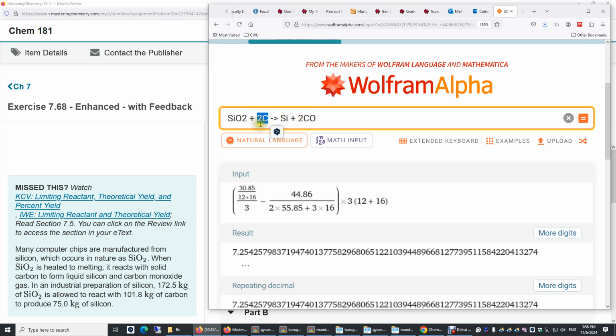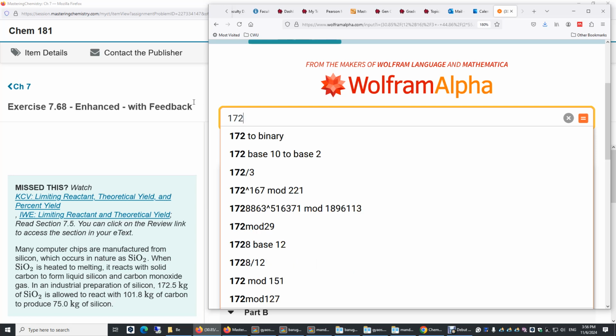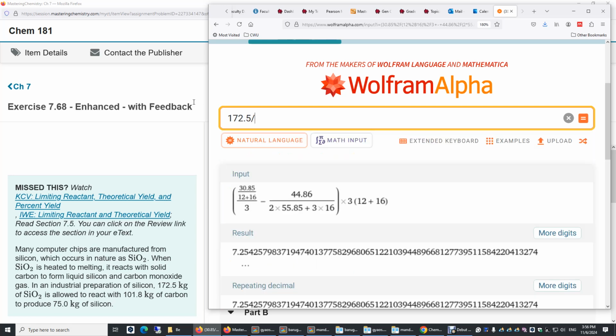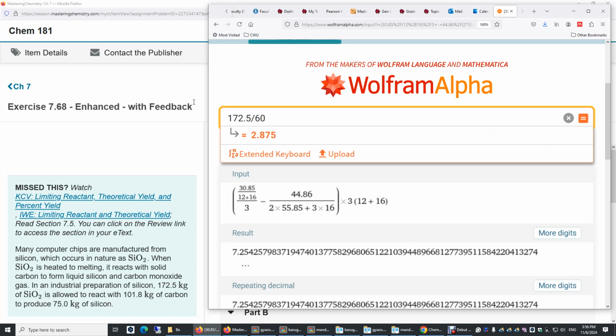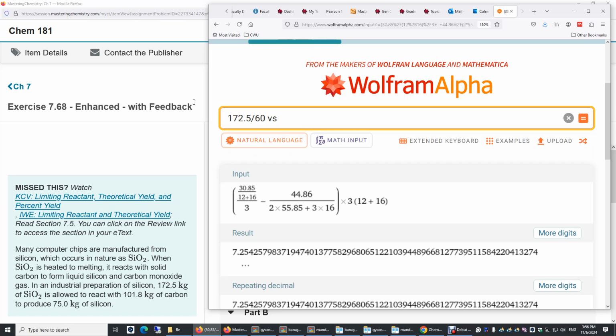When this is C2, the molar mass is 24. Silicon dioxide: silicon is 28, 2 oxygen is 32, so in total it's 60. So really I need the mass of silicon dioxide over the molar mass 60, versus another number which is going to be the number of moles of carbon, 101.8 divided by 24.